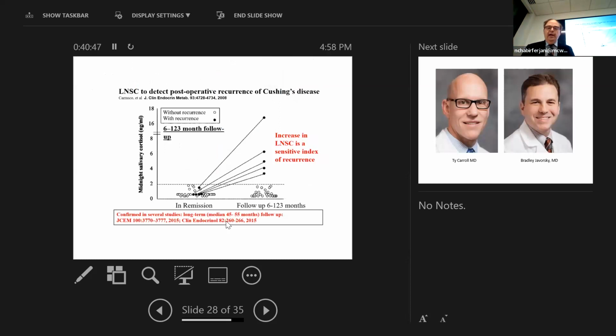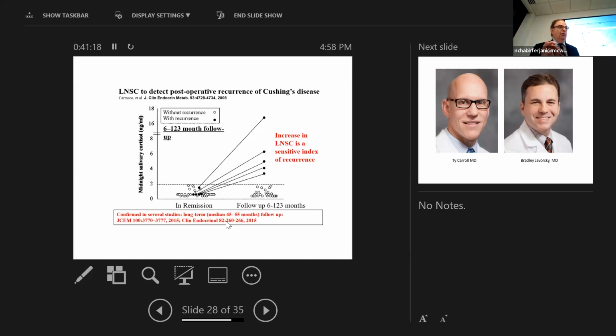Now, one of the other valuable things we've learned in the last 15 years is not only is it sensitive in diagnosing Cushing's, it's very sensitive in diagnosing post-op recurrences. And this may be where it's most widely used, in patients who are in remission from Cushing's disease, and probably somewhere between 10 and 20% may recur within the first decade after surgery.